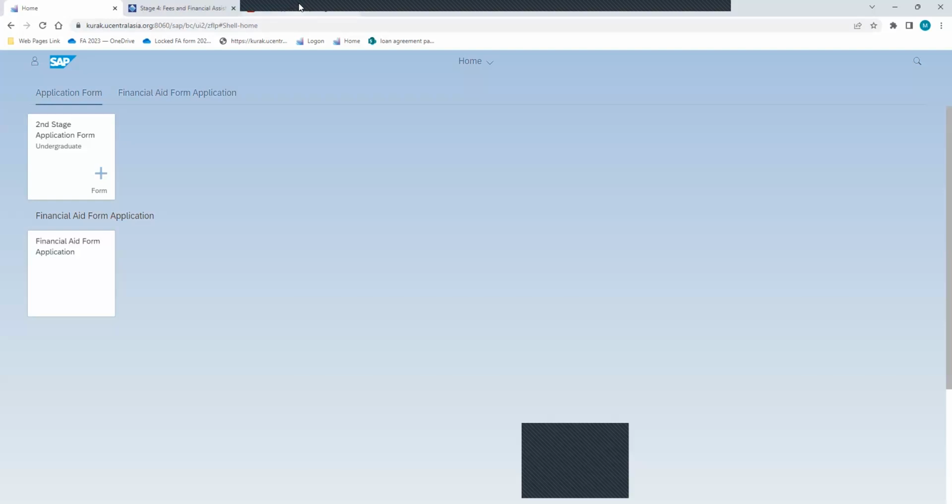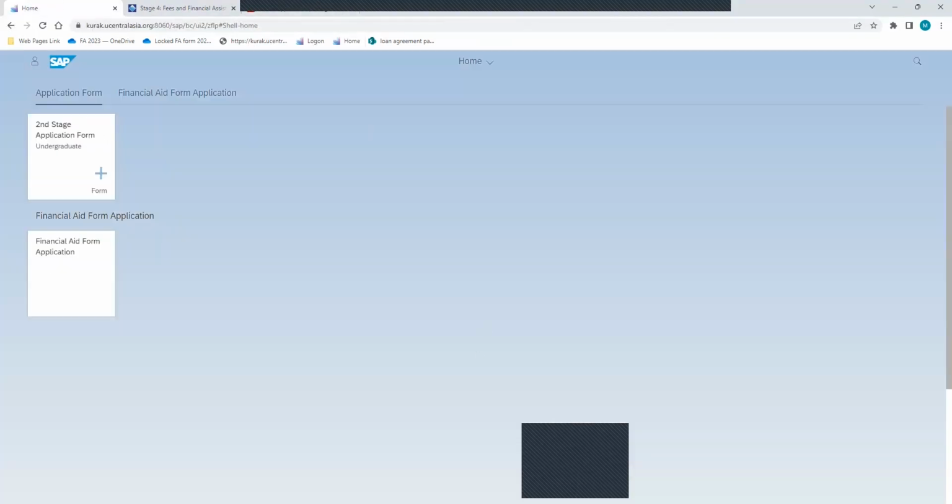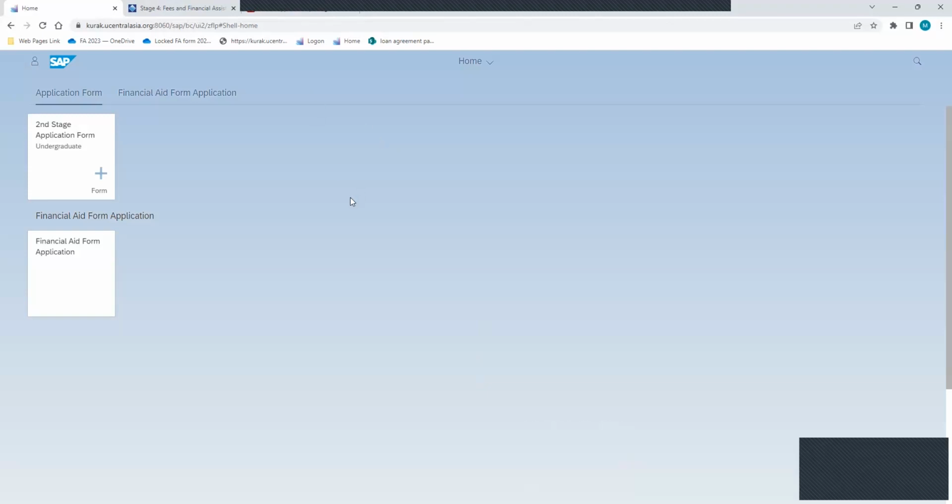Assume you already clicked. Colleagues, can you please confirm that you can see my screen, browser screen? Okay, thank you. So when the applicant receives an email to stage 2, he clicks on it, and this page is visible now.